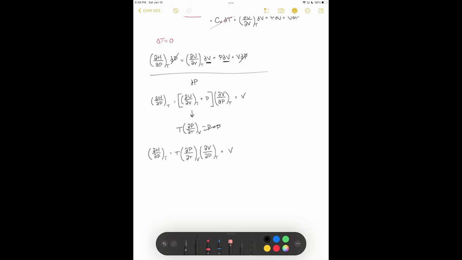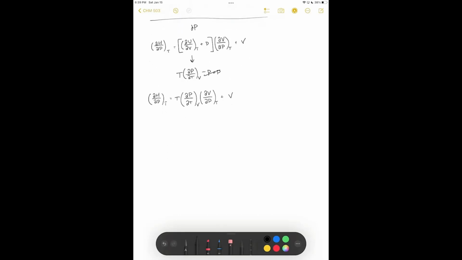To make this into its most compact form, we will use the two rules we had for working with partial derivatives last time. And remember, one of them was the cyclic rule. So the cyclic rule said that if we had dP/dT at constant volume times dV/dP at constant temperature times dT/dV at constant pressure, all of this ended up being equal to -1.